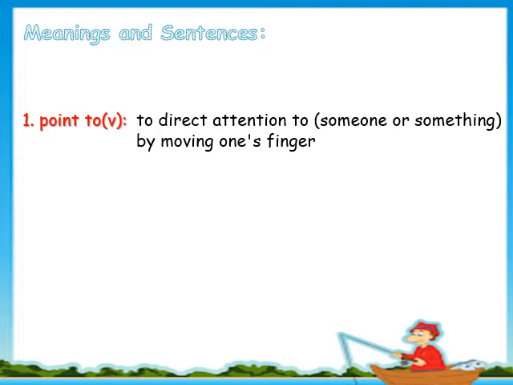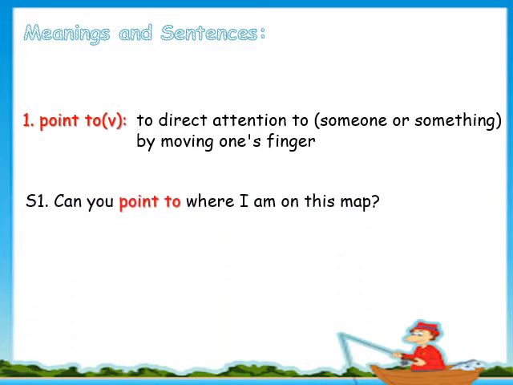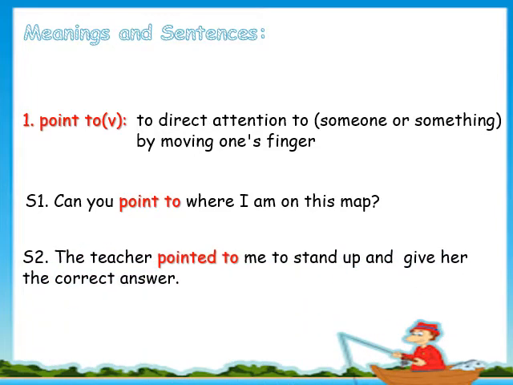Let's try to use point to in 2 sentences. Sentence 1. Can you point to where I am on this map? Sentence 2. The teacher pointed to me to stand up and give her the correct answer.